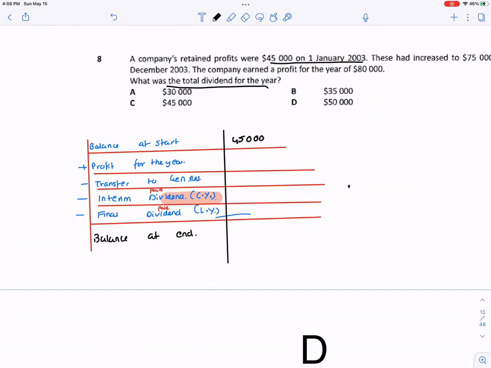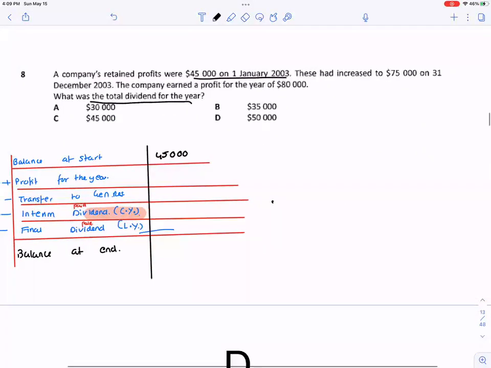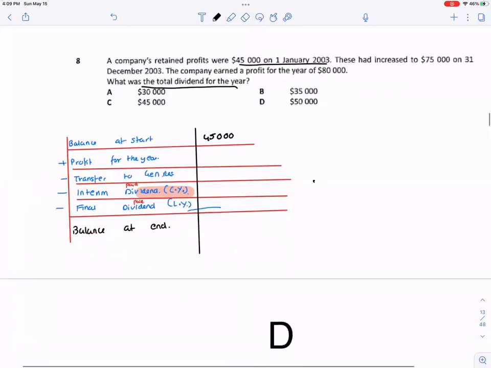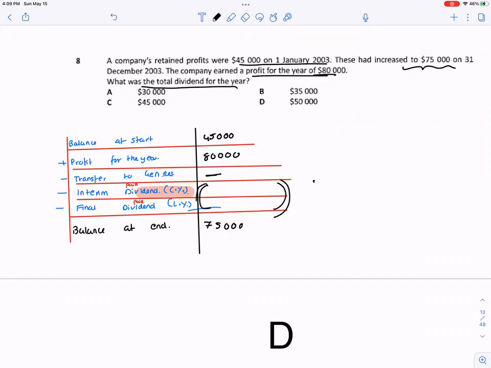And they had increased it to how much? 75,000. Is this on the first date or last date? 31st December, last date. What is the profit for the year? 80,000. I don't know any transfer to general reserve, but I know there is something; if I minus from here, I will get the dividend for the year.